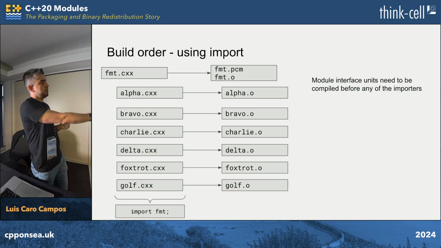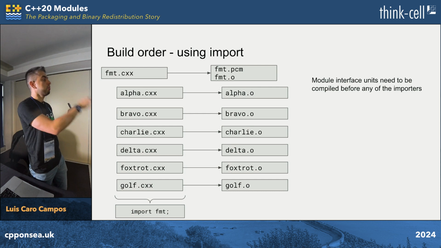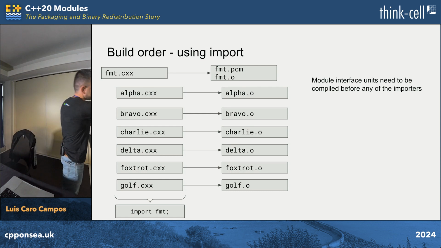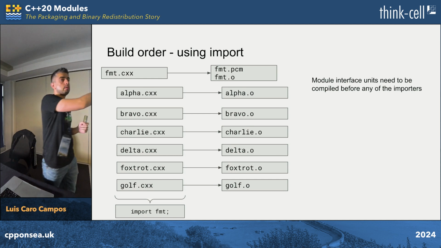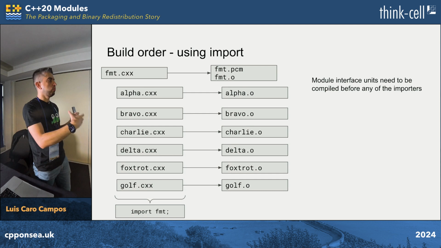If all of these files now switch from include fmt/core.h to import, you cannot compile any of those files until you have translated fmt.cppm to produce fmt.pcm. So now we've moved from a place where all of the source files could theoretically be compiled in parallel to having a compilation order.